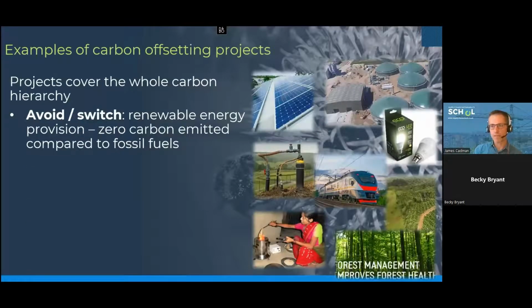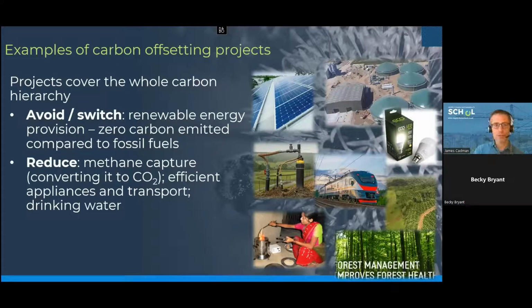So, some kinds of offsetting projects. This is loosely based on the carbon reduction hierarchy. You can put in renewable energy provision. You can fund solar panels or wind turbines, for example, where you're either switching from one fuel to another, or you're avoiding the use of greenhouse gas emissions altogether. You can reduce your emissions.